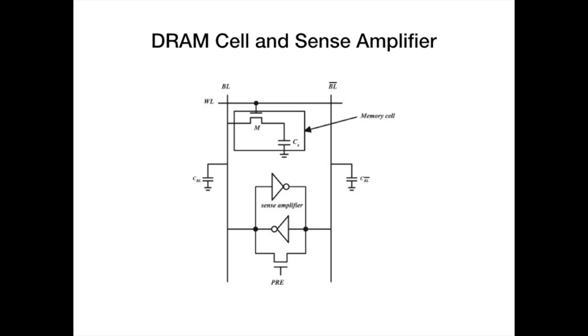This standard DRAM implementation has been used in the past to implement older in-memory processing techniques. For example, if the pre-charge command is not issued, then you can expose the sense amplifiers to multiple rows in succession, which causes it to act like a majority vote.